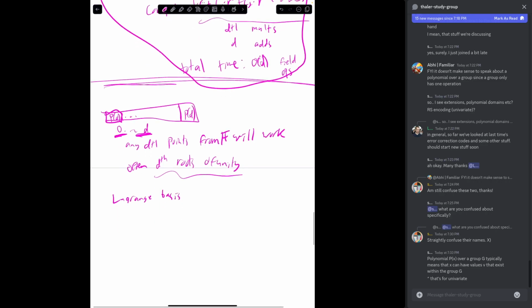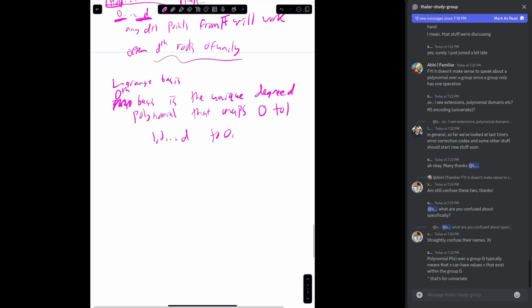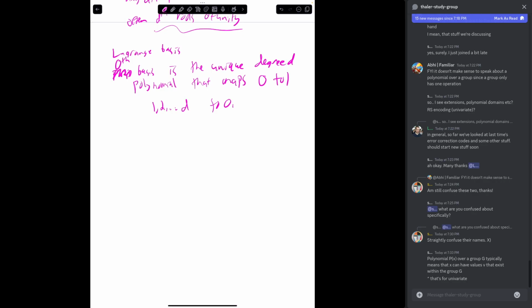The first basis element, let me call it the zeroth, is the unique degree D polynomial that maps 0 to 1 and 1, 2 up to D to 0. So it's like an indicator function. I'll give you an explicit expression for this Lagrange basis element.